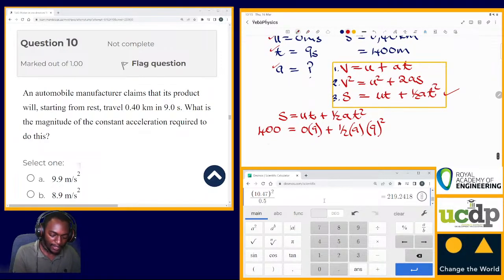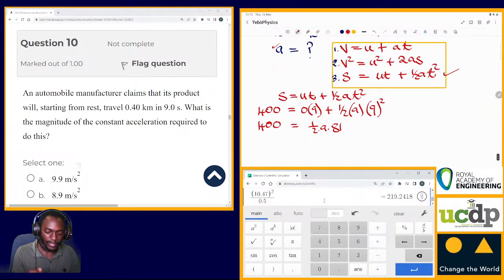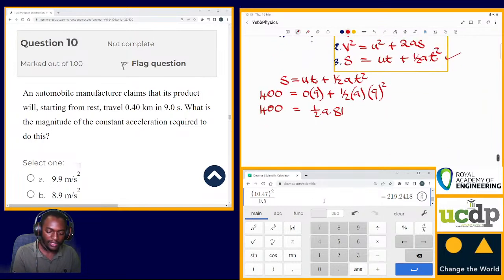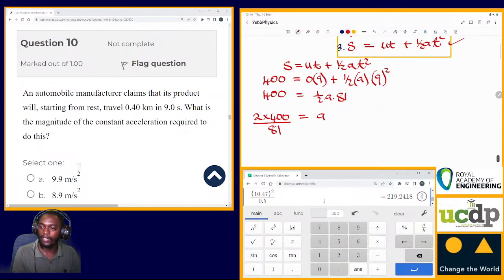Now we simplify: 400 equals 0 plus half a times 81. So we can now make a the subject of the equation. Our a will be 2 times 400 all over 81, and that will be our acceleration.